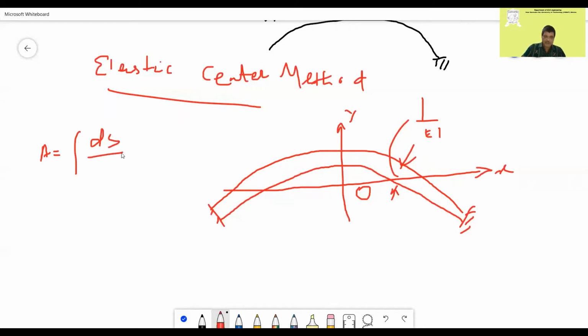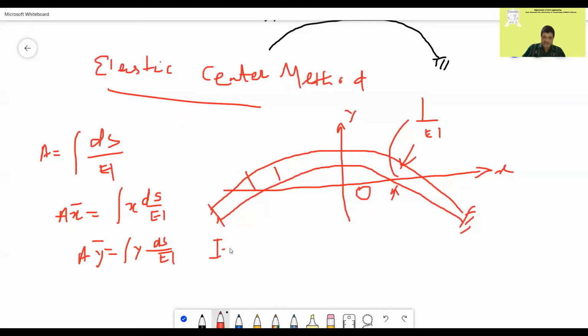Taking a small element ds, you find ds by EI. The area moment A x bar is equal to the sum of x ds by EI. Like in your mechanics, you can similarly find A y bar is equal to the sum of y ds by EI. So these properties of the section can be obtained.